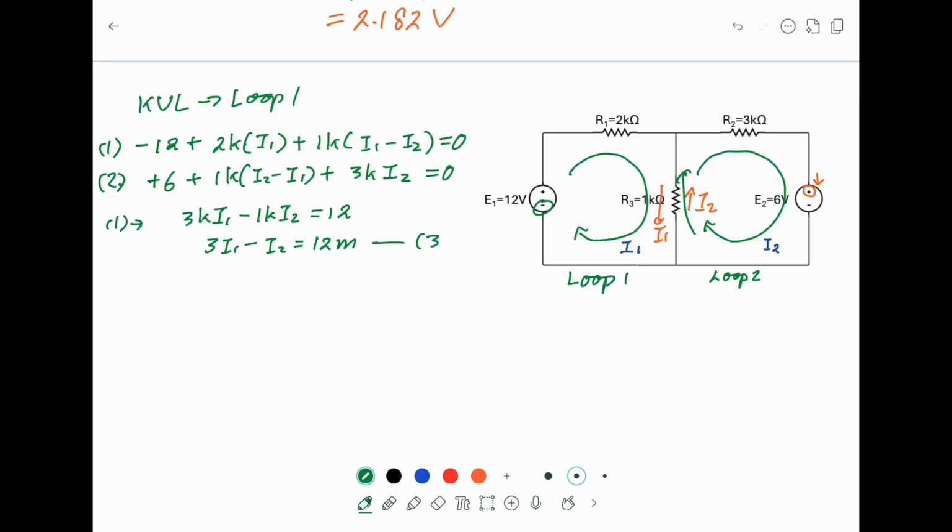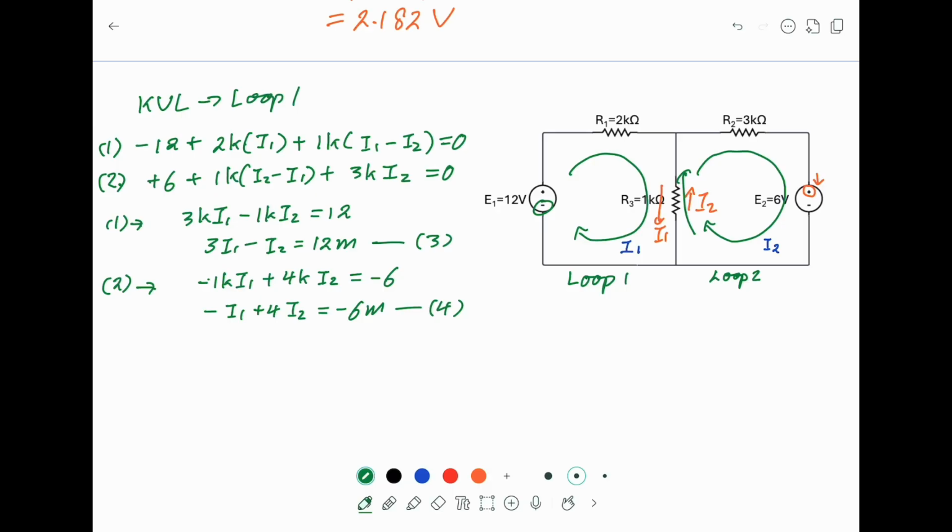This is equation 3. From equation 2, we have minus 1k I1, and we have positive 4k I2, but this time we have negative 6. Divide both sides by 1000. We have minus I1 plus 4I2 equal to minus 6m. So this is equation 4.